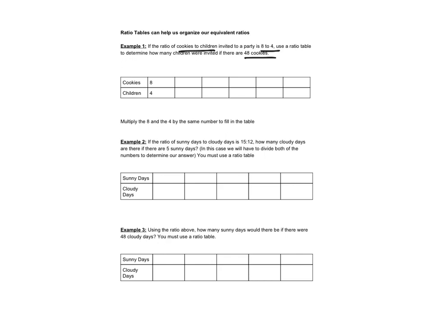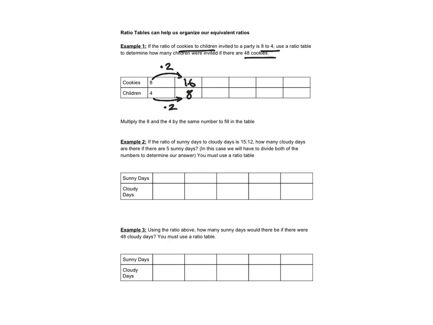So if I take this 8 and I multiply it times 2, I'll get 16. And if I take the 4 and I multiply it times 2, I get 8. So basically I skip counted here.